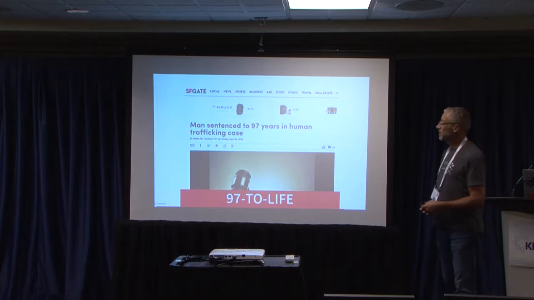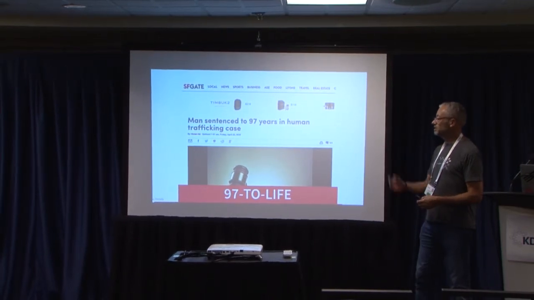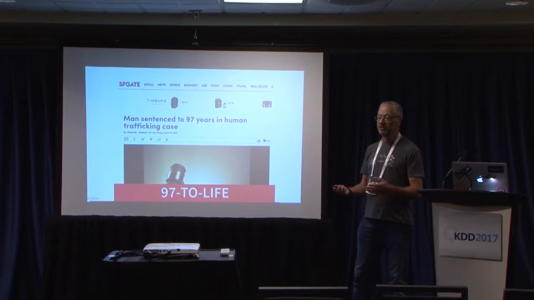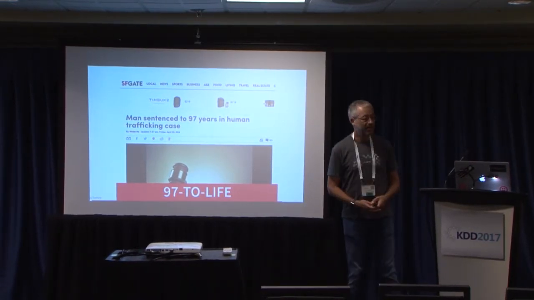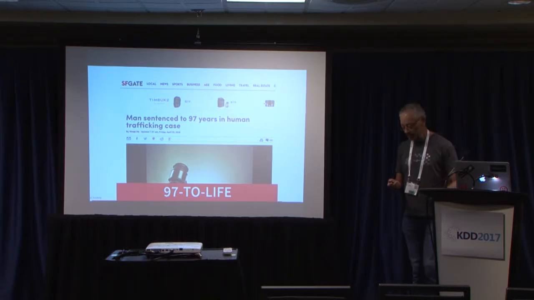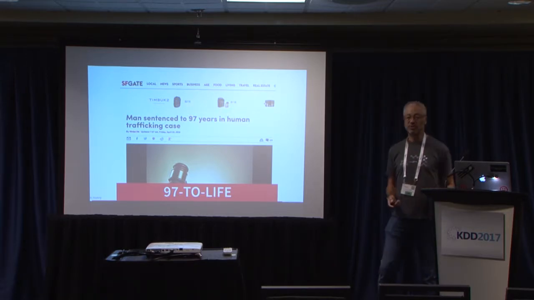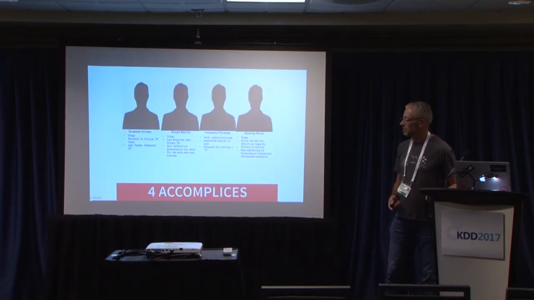Now, these are some examples of cases that they closed recently. So, man sentenced for 97 years in human trafficking case. This, I think, has been one of the longest sentences that a pimp has received. And again, a lot of the information that was used to support the case was gathered with these systems.